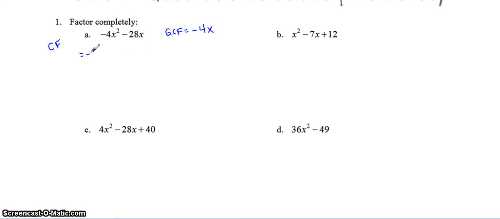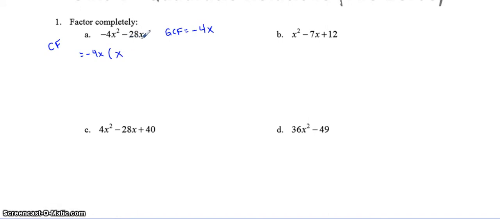The greatest common factor is put at the beginning. Then what you do is, to find out what goes in the bracket, you divide each of these terms by the greatest common factor. So negative 4x squared divided by negative 4x is just x.